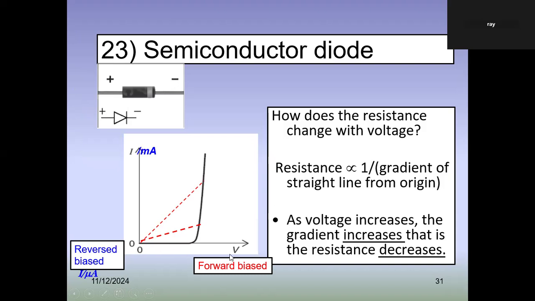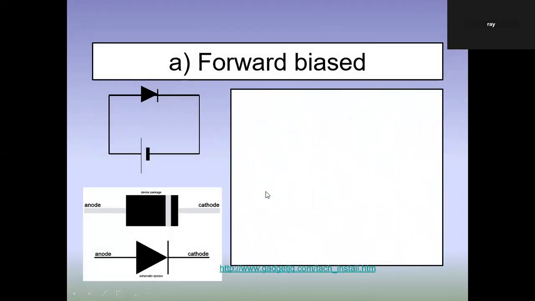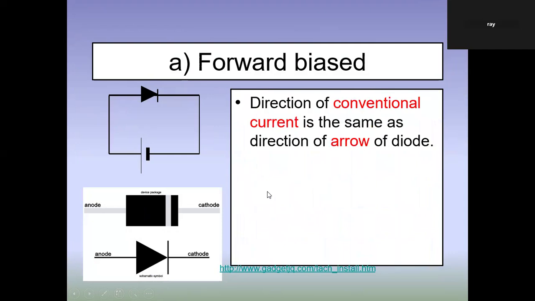This is called forward bias. What does it mean by forward bias? The direction of conventional current is the same as the direction of the arrow of the diode.